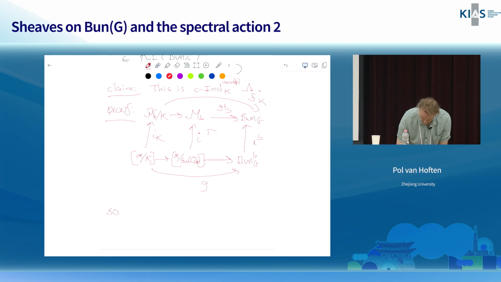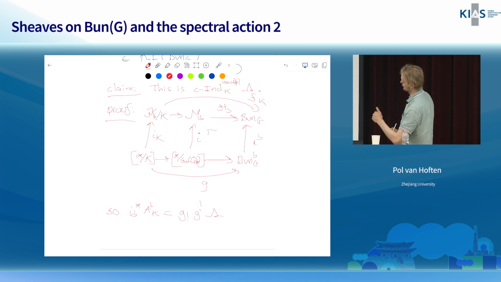So by proper base change, I get that i_B star of A_{B,K} is going to be g lower shriek, g upper shriek, lambda. And then some of the g upper shriek is not going to do anything, so I'm really just going to get the g lower shriek, and that's really just happening here.